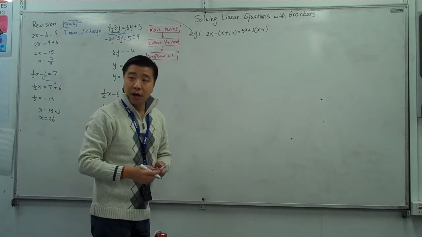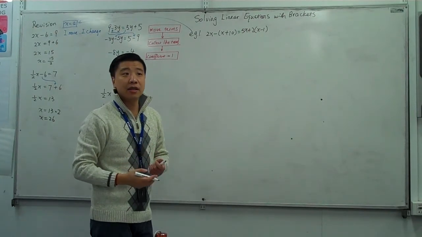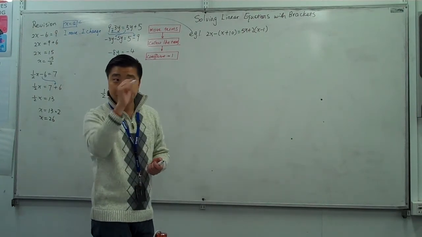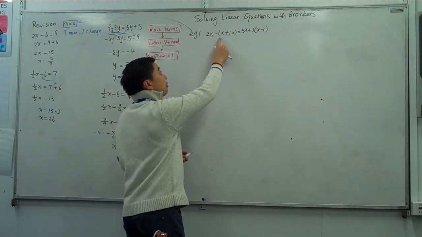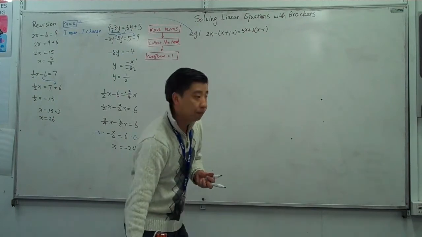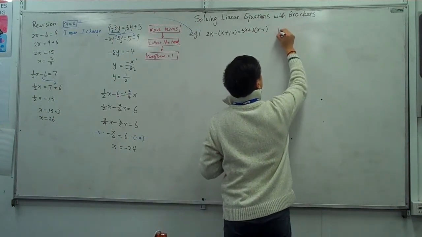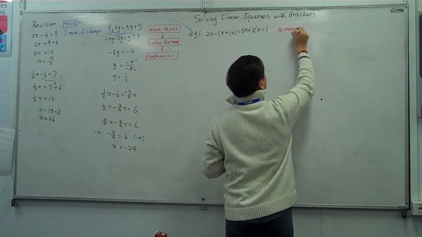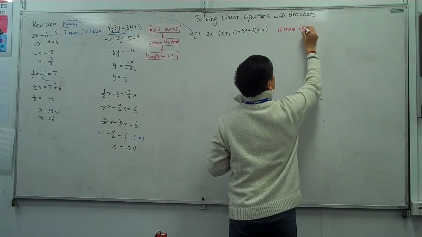Now, according to your prior knowledge, the very first step is we have to expand all the terms to get rid of the bracket. Okay? So this is our first step. Remove brackets.